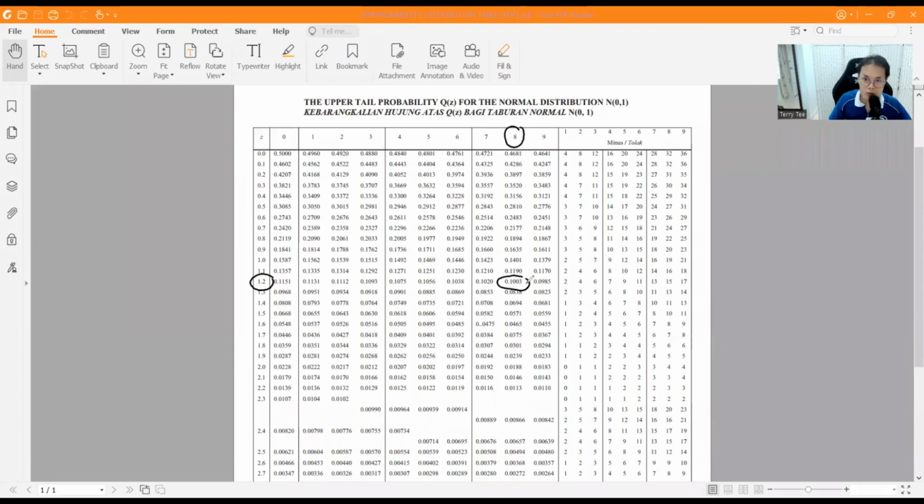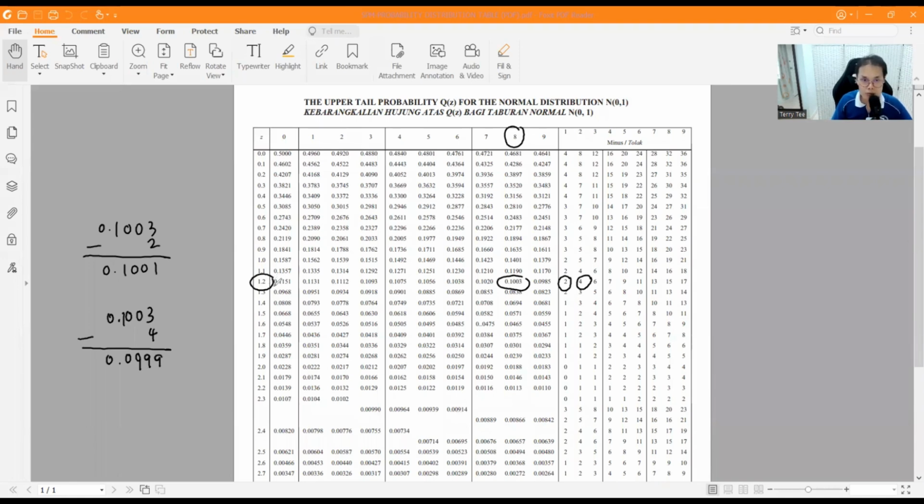Now I need to subtract 3 from here, but I don't have 3. I have 2 or 4. So 0.1003: I either subtract 2 to get 0.1001, or I subtract 4 to get 0.0999. These two are the closest.